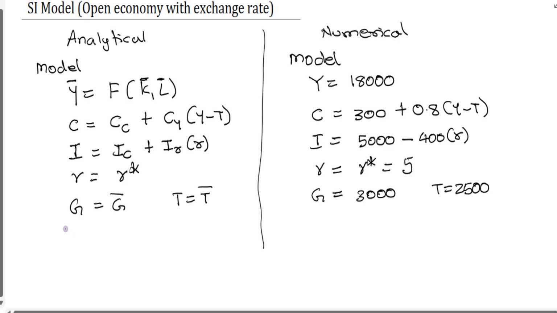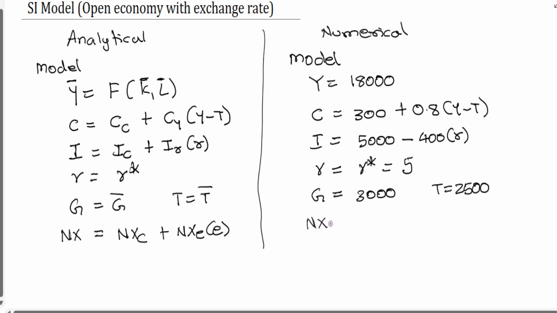Now keep in mind, this is open economy, so we will have net exports, and this net export function again will have that part which is not related to the exchange rate and the part that is related to the exchange rate. So here E is denoting the exchange rate, and NX_E, this coefficient, is representing how sensitive NX is to any changes in the exchange rate.